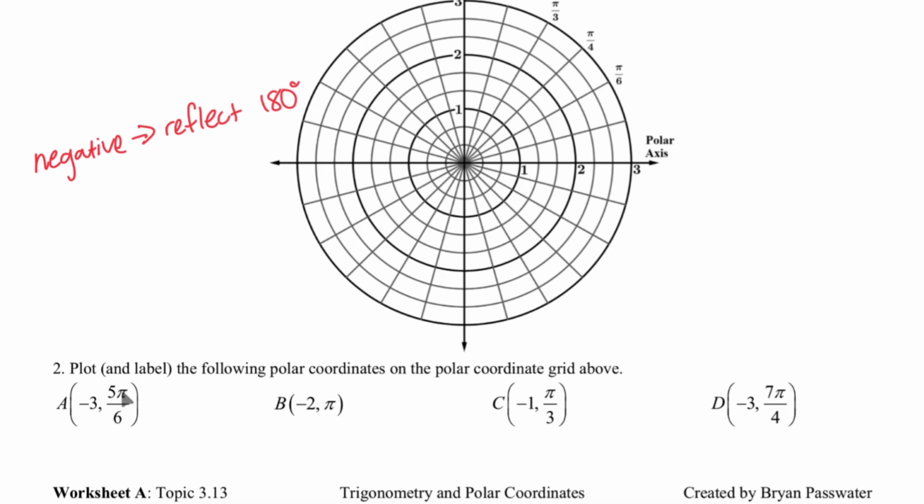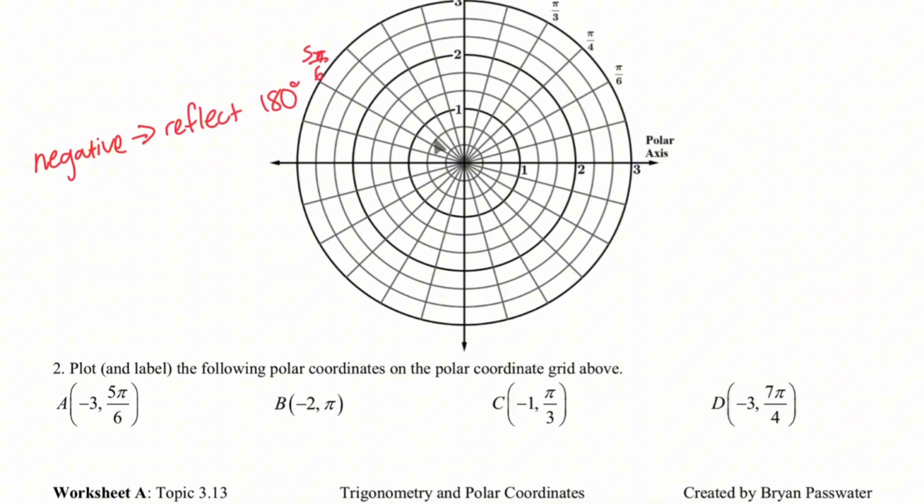Let's get started with A. We have here -3, so we're looking at 3 for now. We do everything normal except whatever we plot, and then we reflect it. So we have 3 and then 5 pi over 6, which is over here. You can change the denominator to 12, but I remember that 5 pi over 6 is here.